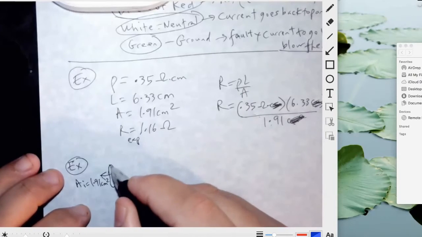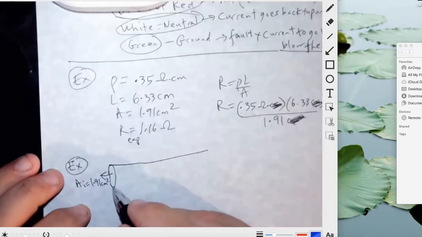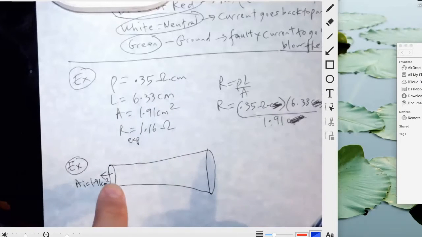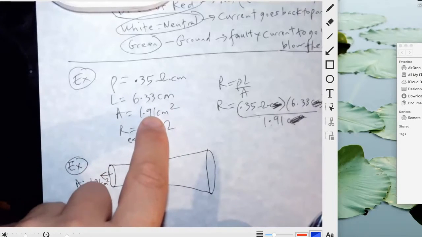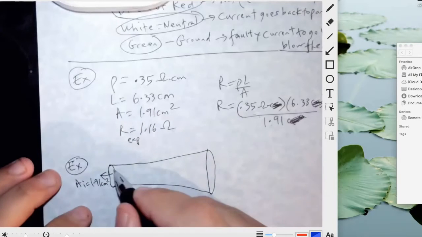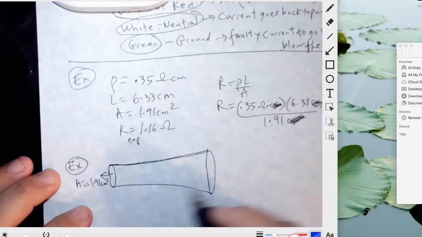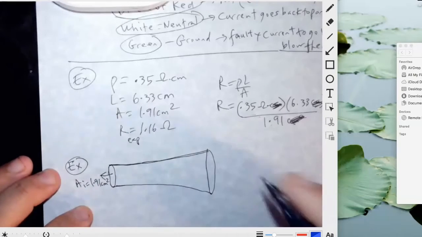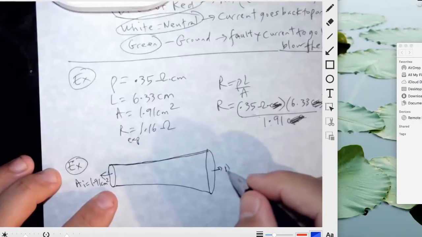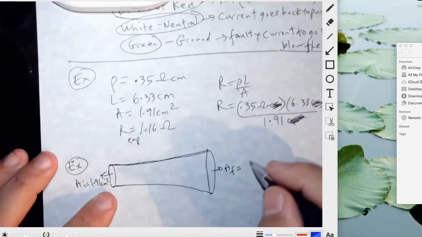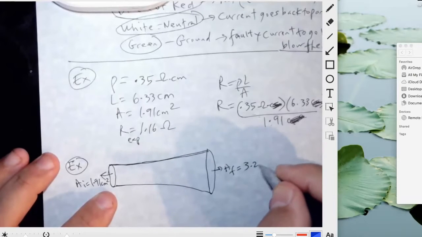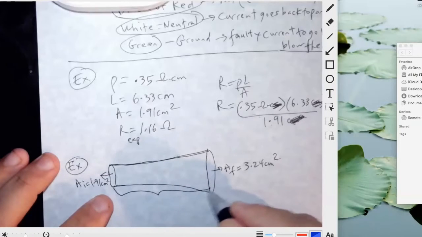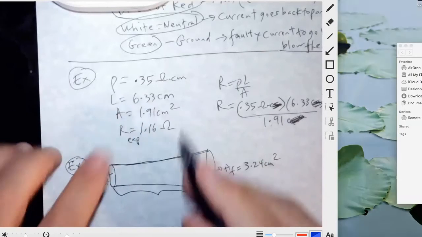And then let's say it looks like a weird resistor like this. The area here was whatever we had in this example. And then let's say it's some kind of function that's increasing like a square function, right? So by the time you get here, the area is, let's say, 3.24 centimeters squared. And the length from here to here is still 6.33 centimeters.